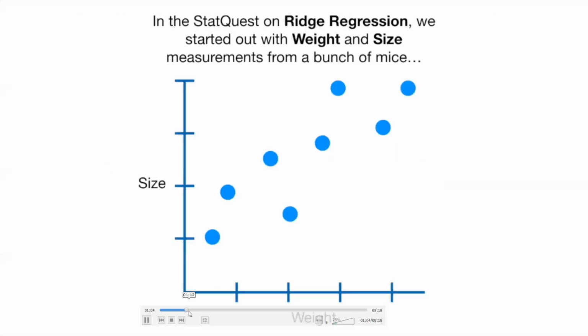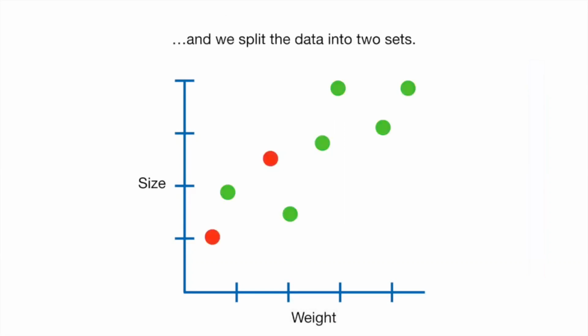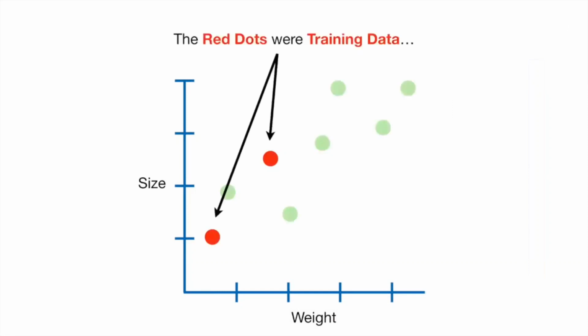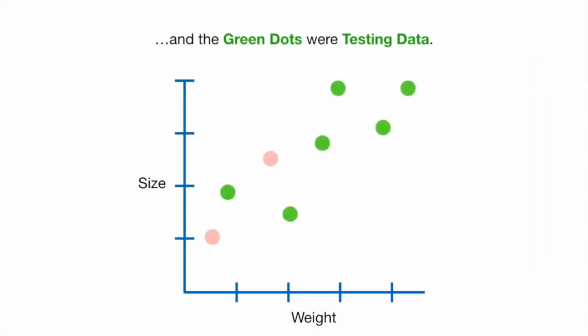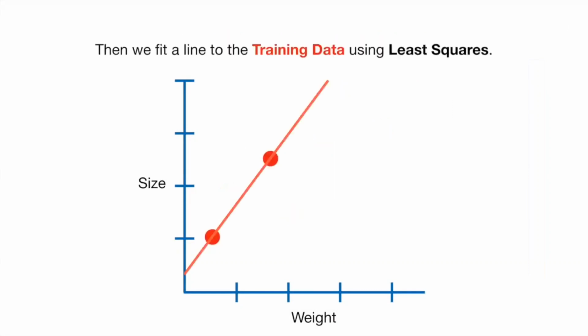So far, what we have discussed is, imagine we have, let's say, 8 points. We can split our data into a training set and a testing set. Then we use 2 points as the training set to find a particular line.